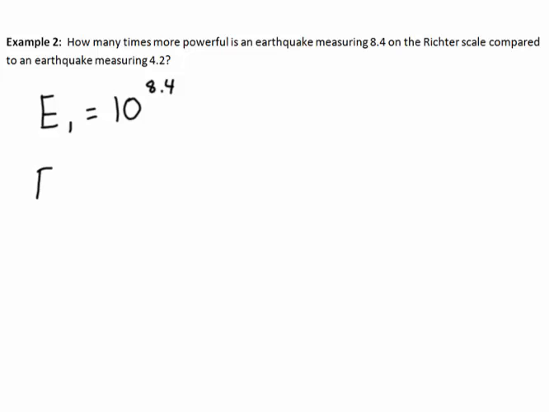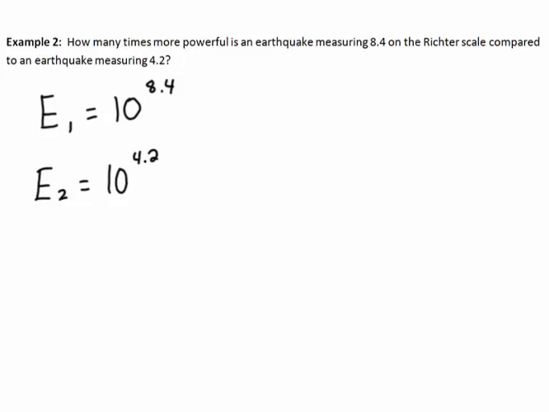Earthquake 2 is 10 to the 4.2 on the Richter scale, which is still a really big number, but not as big as earthquake 1. We want to find out how much larger, or by what factor, does one compare to the other. How many times more powerful?